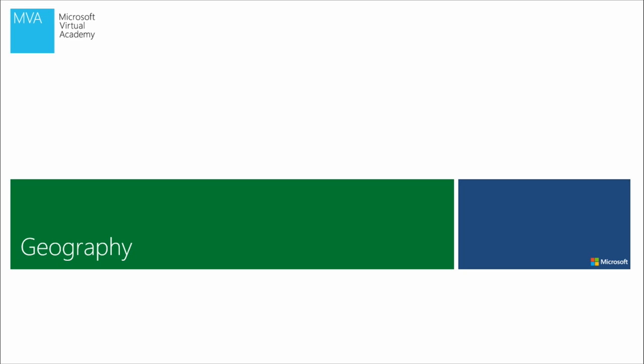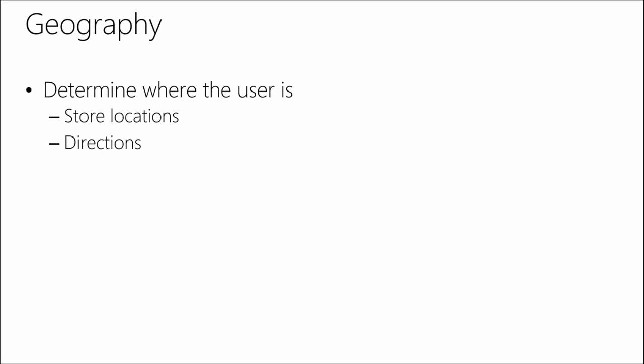Geography. So when it comes to geography here, what we want to be able to figure out is where that user is. Again, what we're hoping to do is implement that application feel without actually having an application.